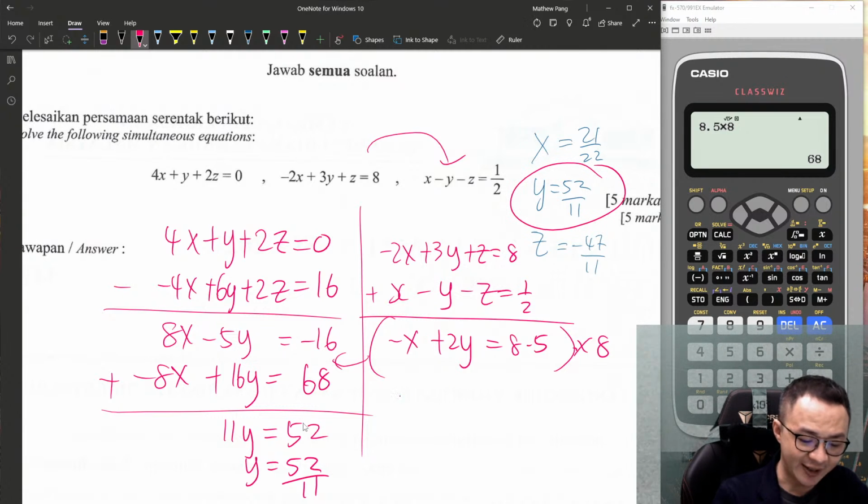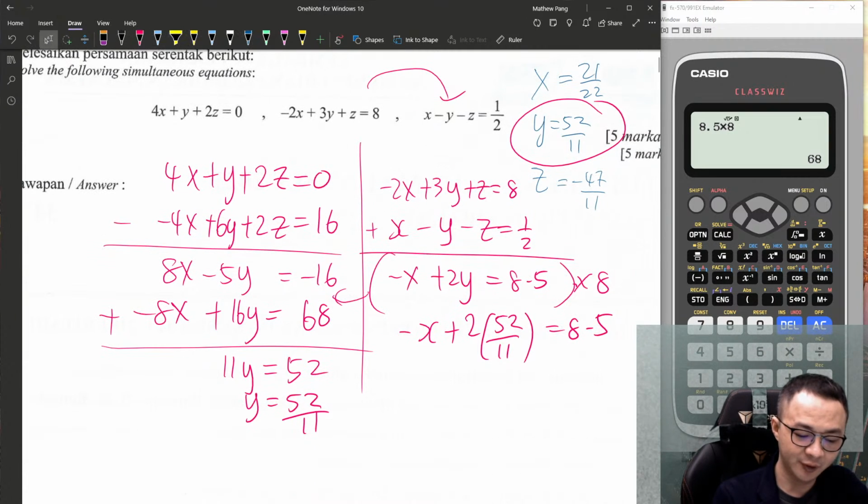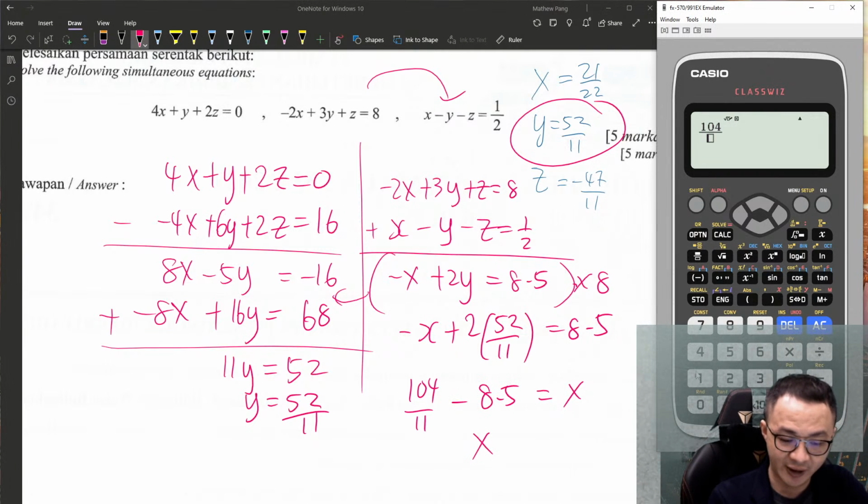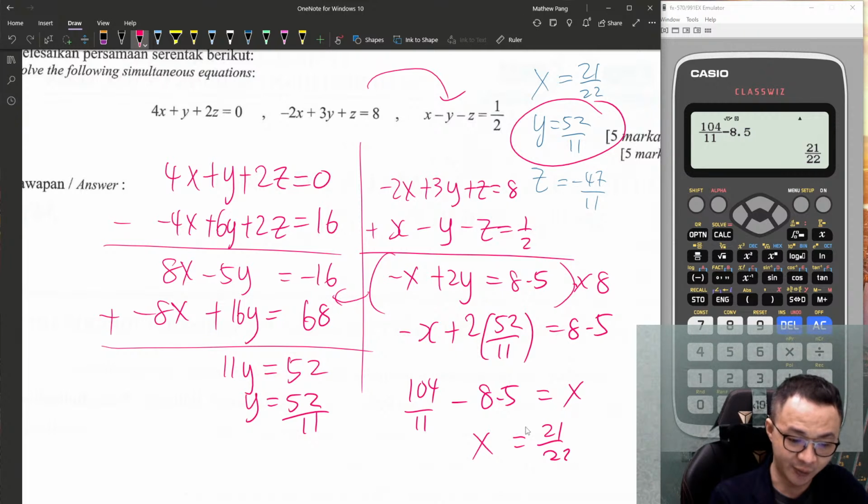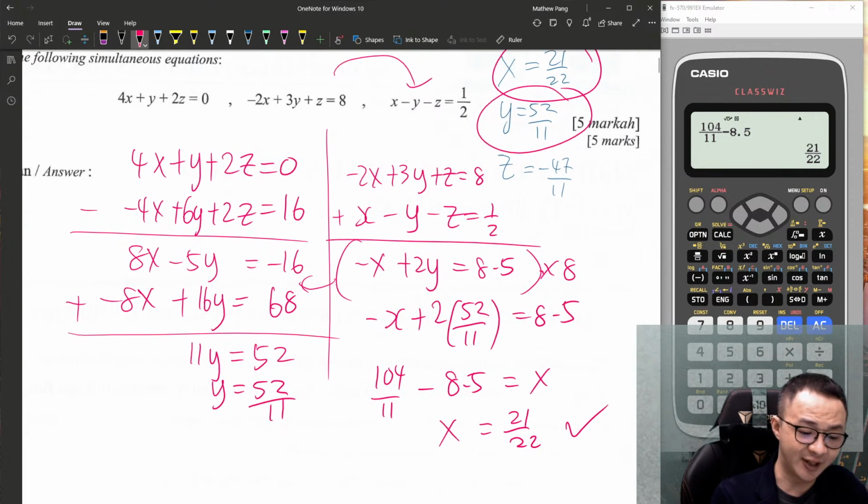Then I want to find x: -x plus 2y, y is 52/11, equals to 8.5. So my x equals to 104/11 minus 8.5. I got 21/22. Yeah, correct. Nice. Then lastly, I want to know the z value.